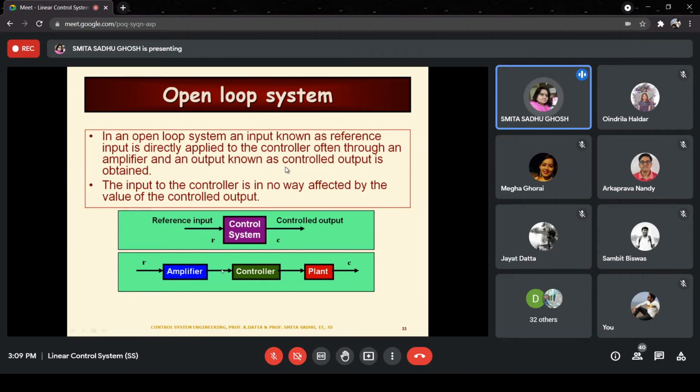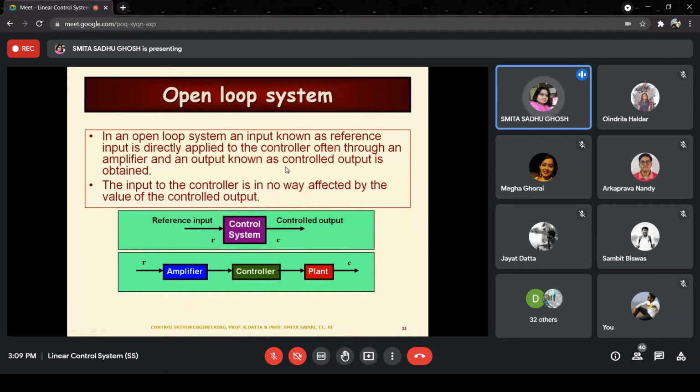So the reference input via the amplifier goes to the controller. Now the controller over here is of importance in the sense that the controller is the component, it could be hardware or software, it could be a simple program, whatever. The output of the controller is going to send some signal to the plant.